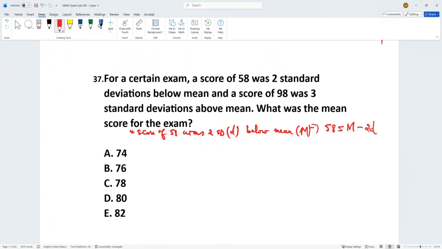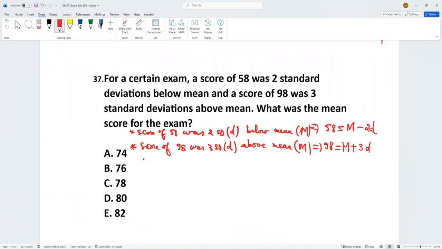The second piece of information is that the score of 98 was 3 standard deviations, or D, above the mean M. So 98 is equal to the mean plus 3D, since it's above.